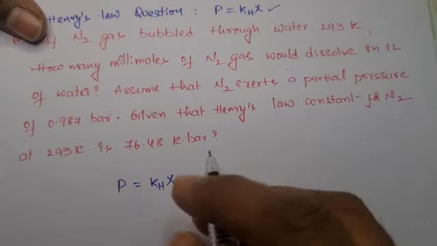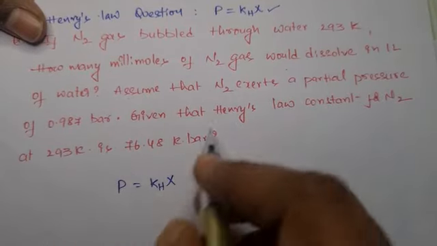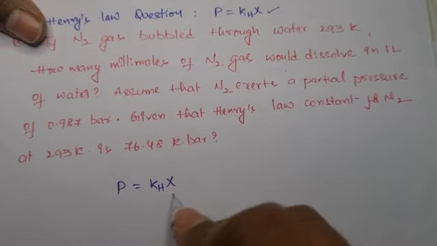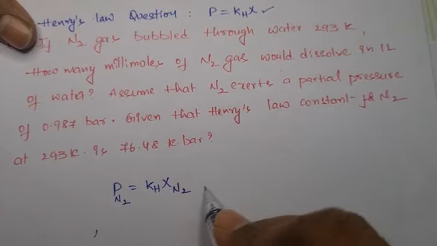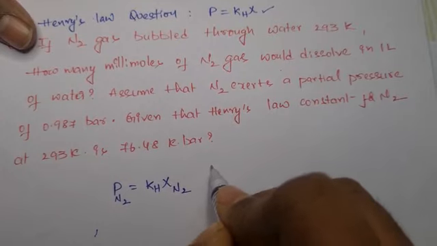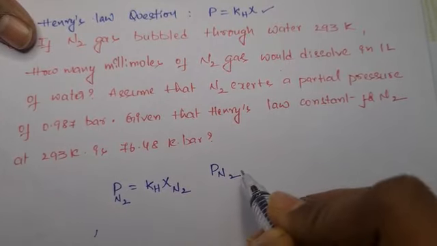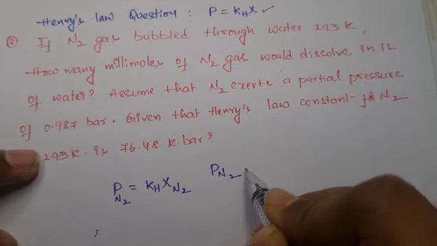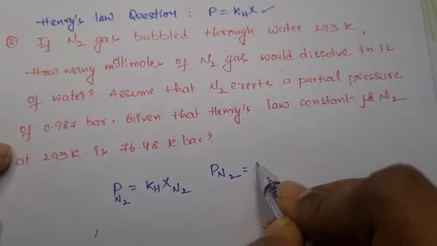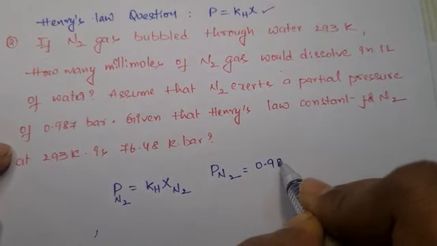So here we are talking about nitrogen gas, that is zeta N2, the partial pressure of N2. In the given data, the partial pressure of N2 is already mentioned: 0.987 bar.